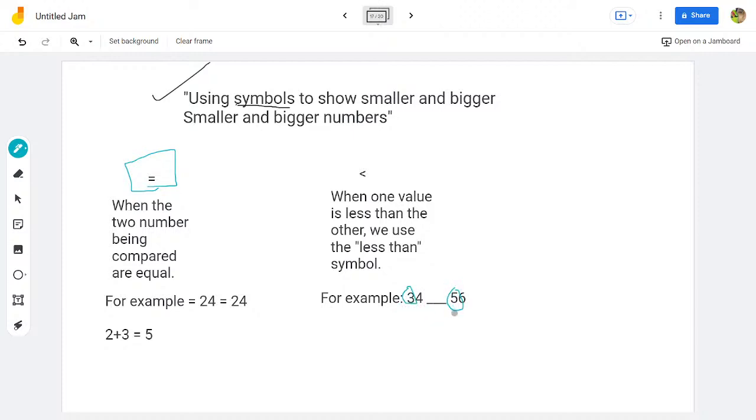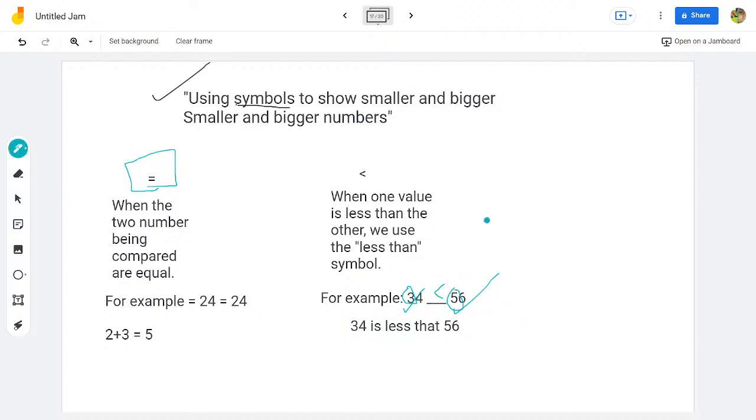Now this 5 is more than this 3. That means we have to use the less than symbol over here. That means 34 is less than 56. If I try writing that in a proper sentence, we would write that as 34 is less than 56.